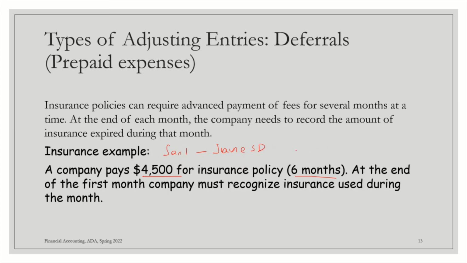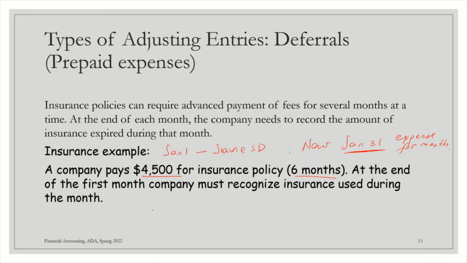Now it is the end of January, so January 31, and the 1 month expense has to be recognized. And how do we recognize it? We divide this total amount by 6 months.